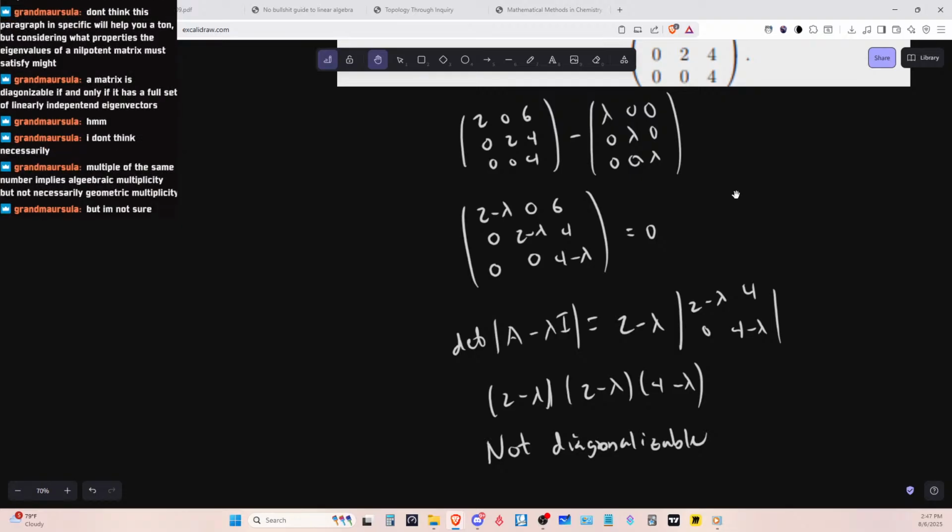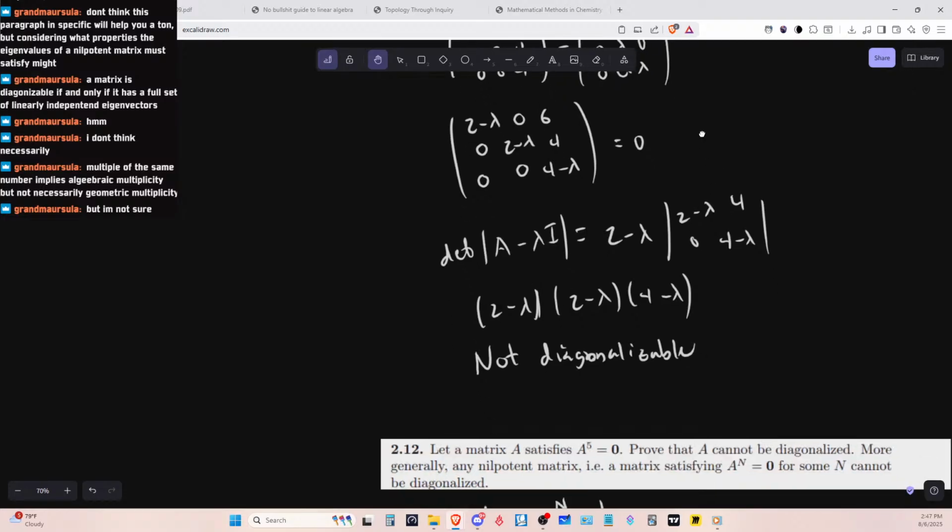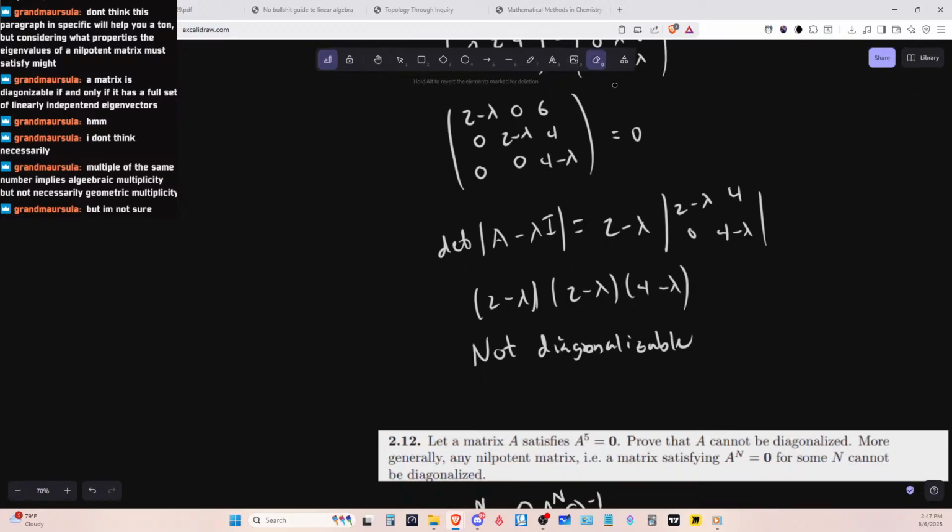Multiple of the same number implies algebraic multiplicity, but not necessarily geometric, but I'm not sure. Okay, so maybe it is diagonalizable then. So I guess we're going to have to solve for the eigenvectors at this point.